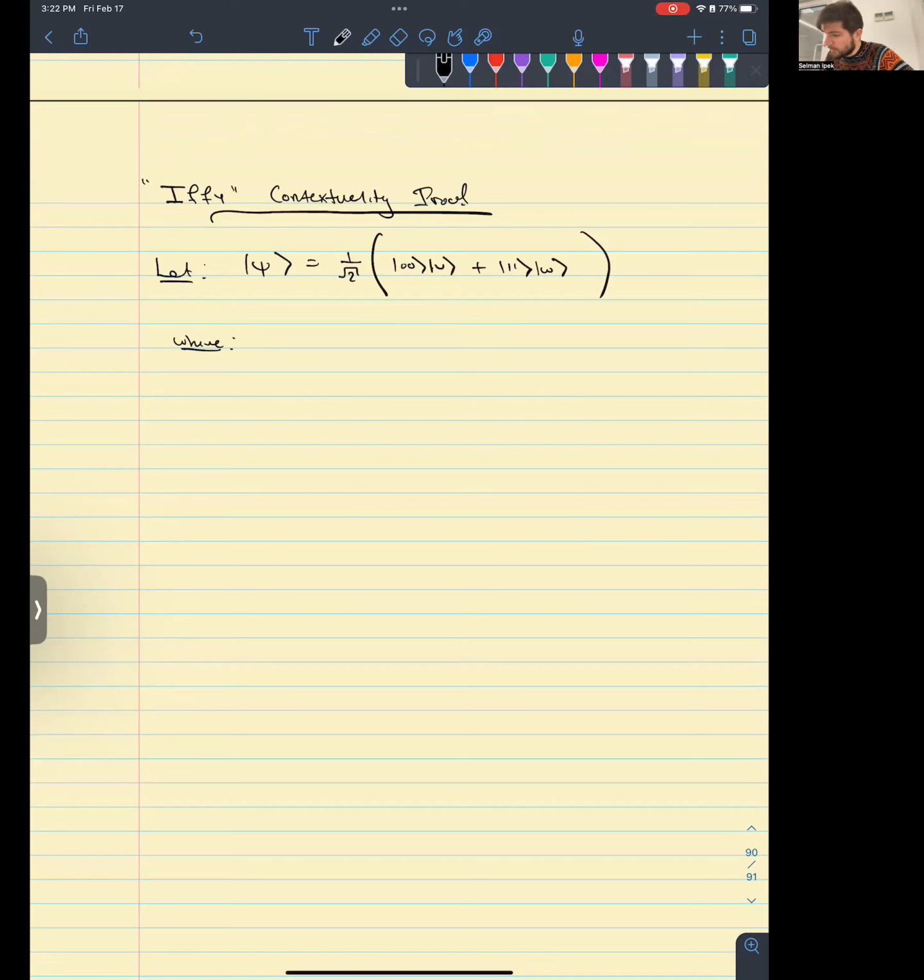We have, of course, that the 0 and 1 are the eigenstates of the Pauli Z matrix acting on that tensor factor. V is equal to cosine lambda over 2, 0. Lambda I will define momentarily.